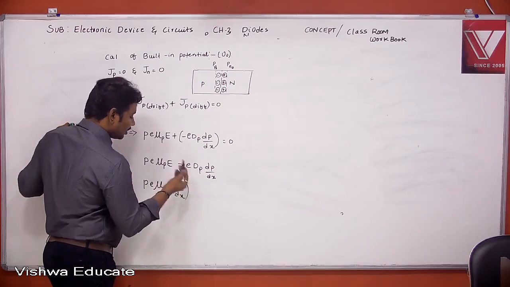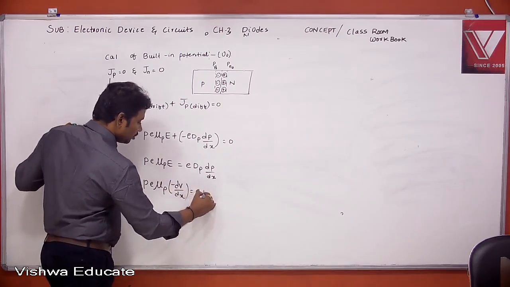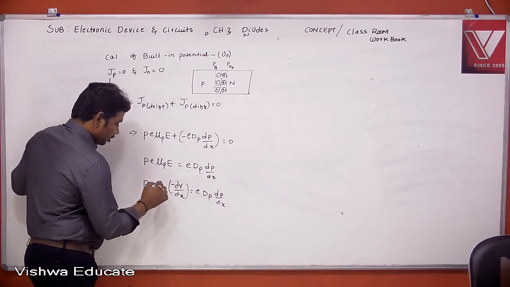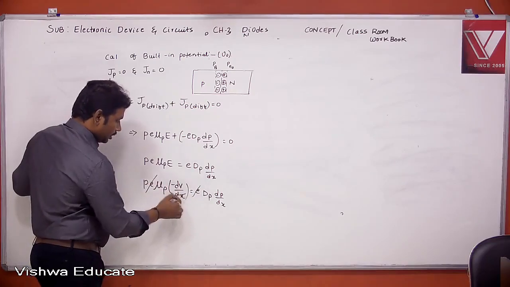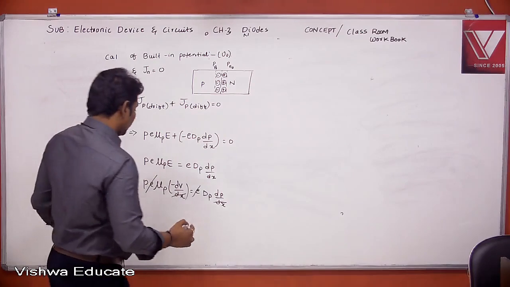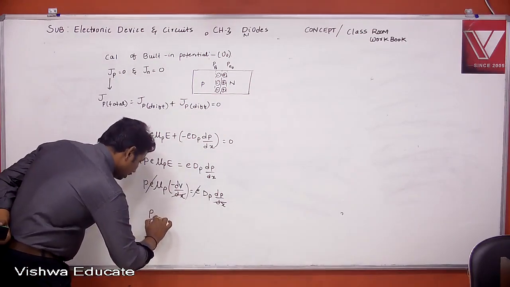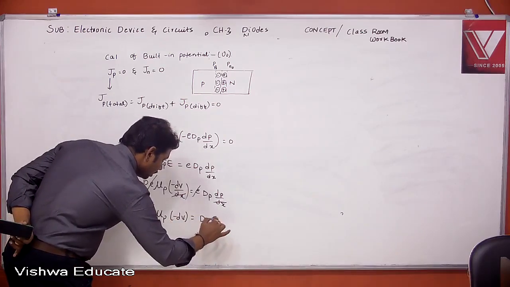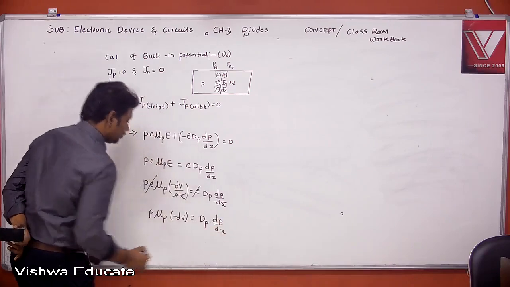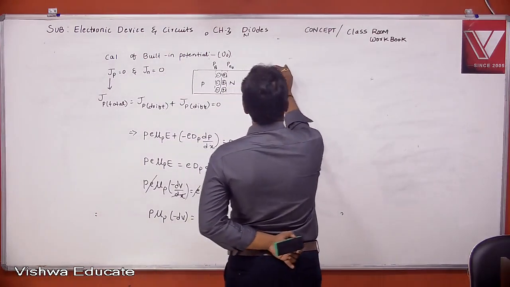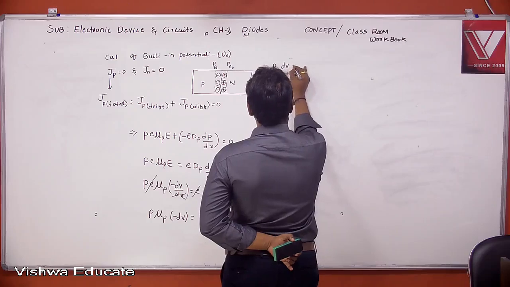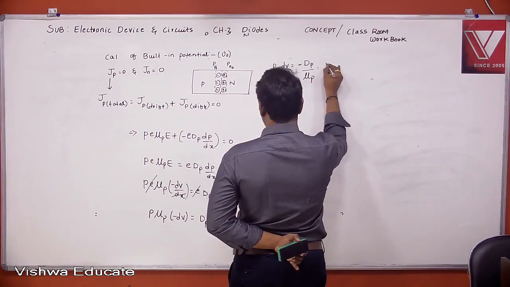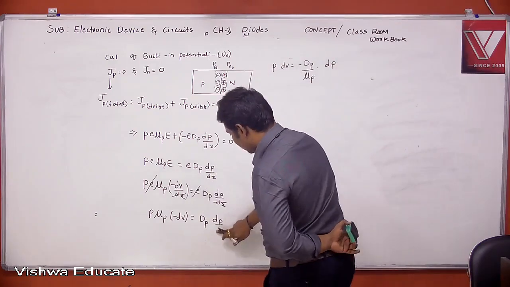Gradient of potential is nothing but electric field, right? So which is equal to e into Dp into dp by dx. Here e cancels and dx cancels, right? So from this, p into mu p into minus dV equals Dp into dp. Now from this, p into dV equals minus Dp by mu p into dp. Sorry, here already dx is cancelled.